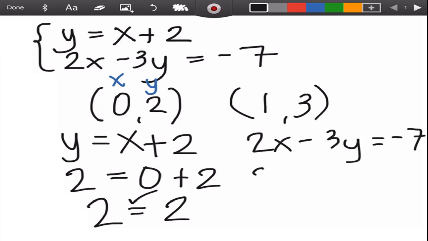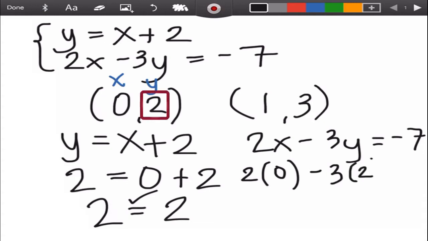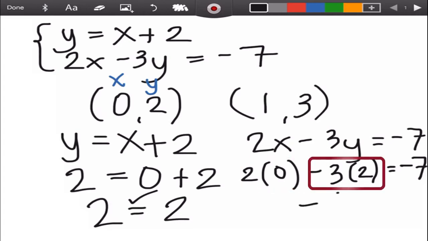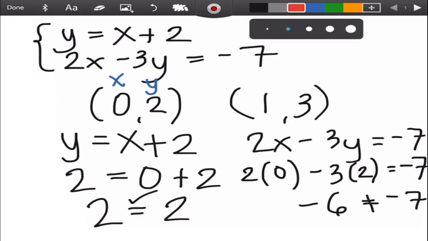So we have 2 times the value of x, 0, minus 3 times the value of y, 2, equals negative 7. Then we will multiply 2 times 0, that is 0, so we don't need to write it. Negative 3 times 2, that is negative 6, equals negative 7. So this statement is not true because negative 6 is not equal to negative 7, meaning (0, 2) is not part of the solution.